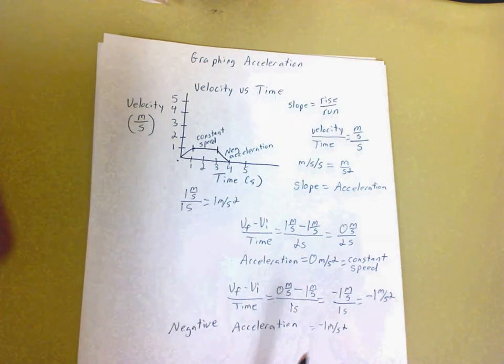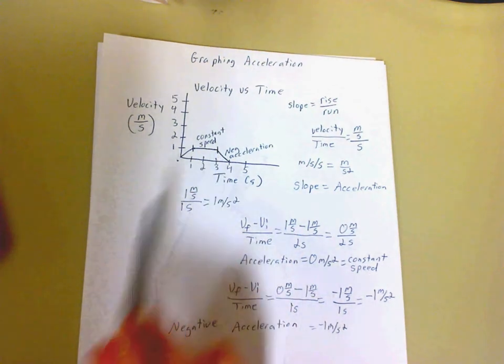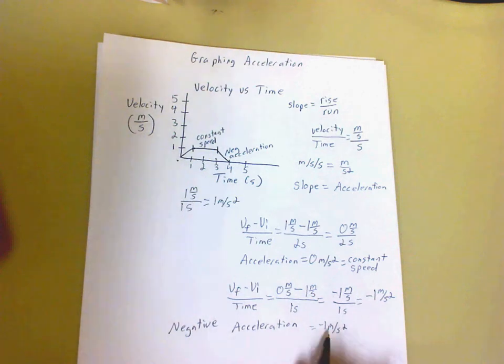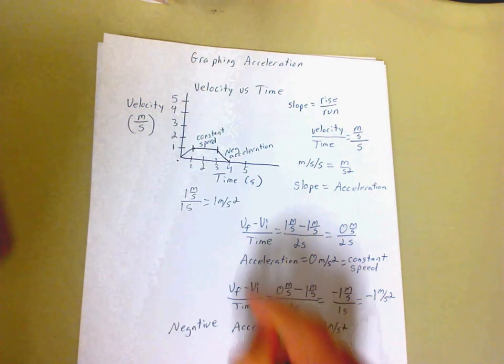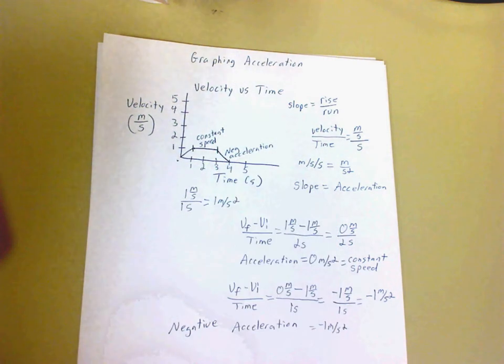And then from here to here, you have an acceleration of negative 1 meters per second squared, because remember, you're talking about velocity and it's going down, so you have not necessarily a negative speed, but you have a negative direction, alright, because velocity is both speed and direction.